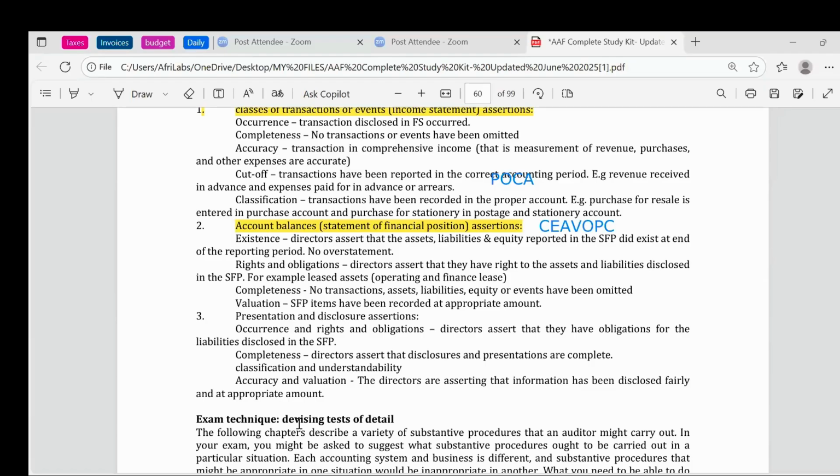A is what? Accuracy. So you have it here, accuracy. Now, accuracy is basically just proving mathematical accuracy. So as an accountant or as an auditor, when somebody gives you a financial statement, don't say that because it is a formularized Excel, the figures will definitely be correct.